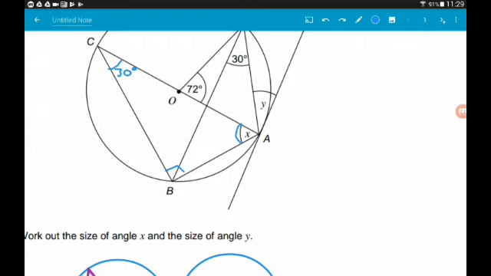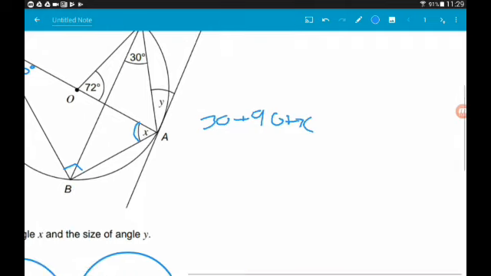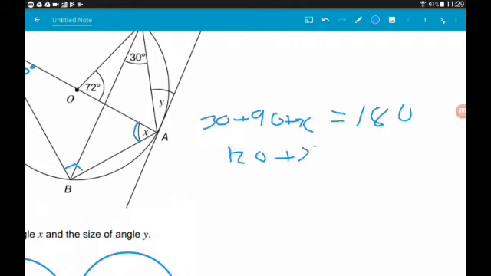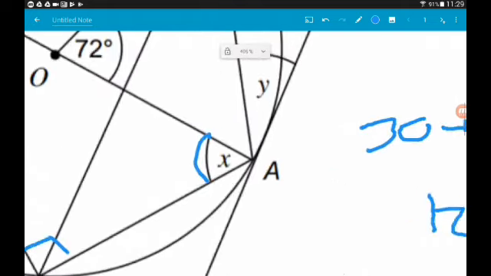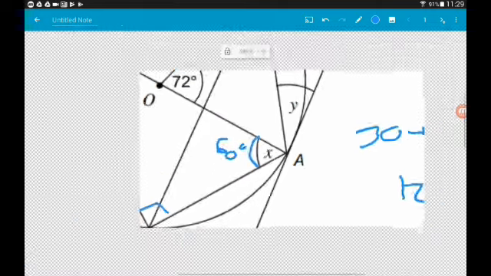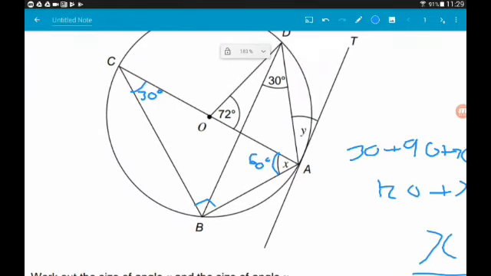So now we know 30 add 90 add X is equal to 180. 30 add 90 is 120. 120 add X is 180. Therefore, X is 60. So we now know the value of X. Good times.